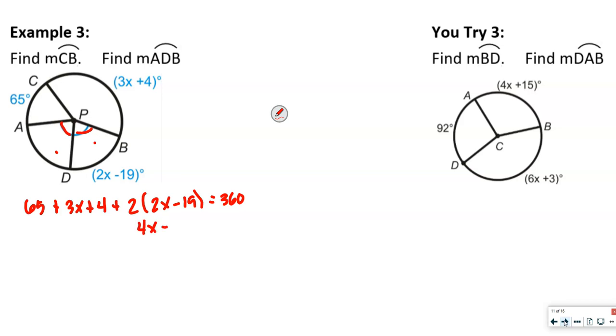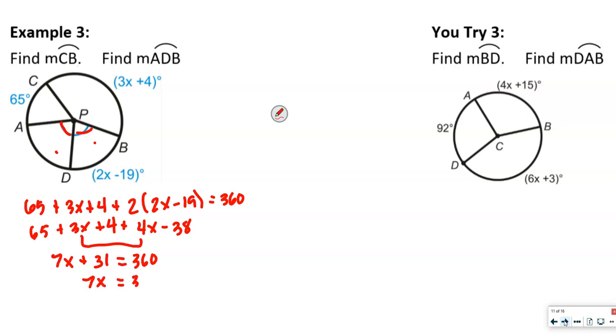This is going to be 4x minus 38, right? This is 65 plus 3x plus 4. Got our like terms right there, so that's going to be 7x, right? 65 plus 4 would be 69 minus 38. That's going to be plus 31, and that's equal to 360. Subtract the 31 from both sides, so that's 7x equals 329. Divide both sides by 7, so x is equal to 47, right?